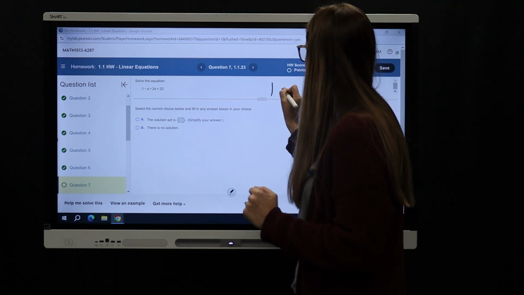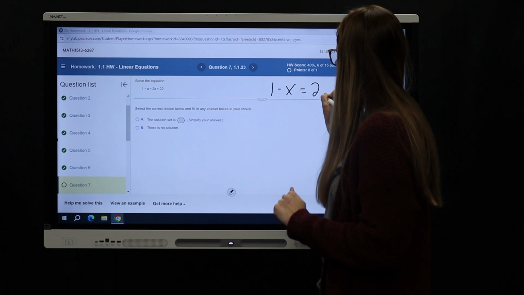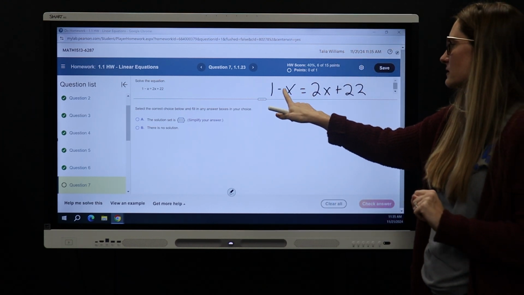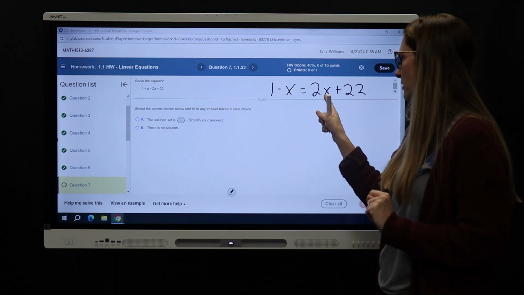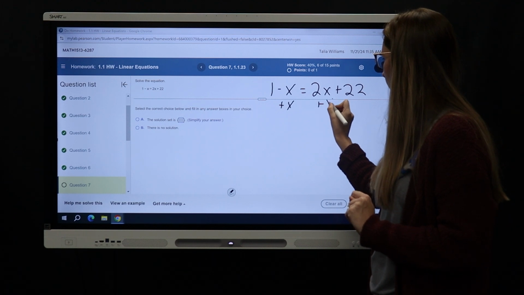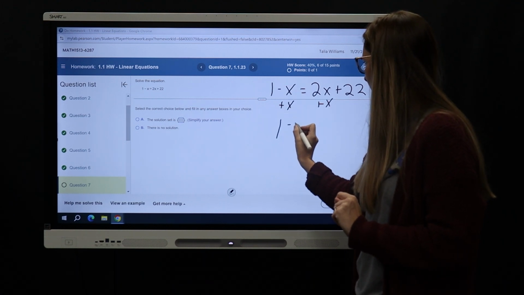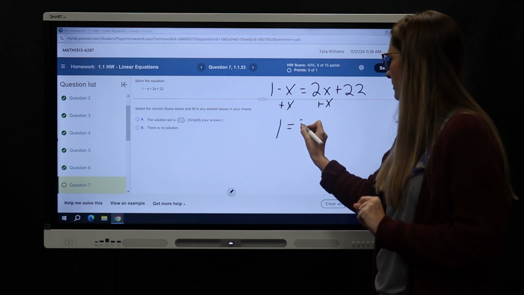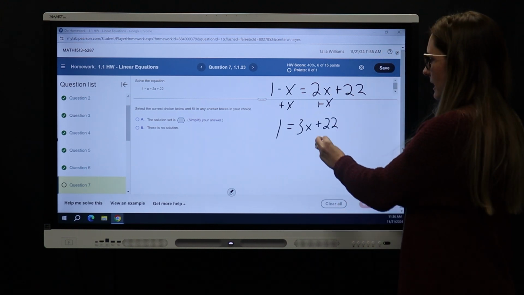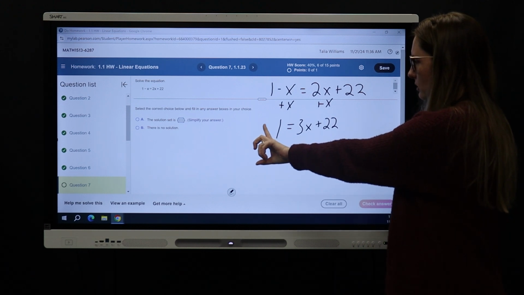Here we have 1 subtract x equals 2x plus 22. Since this is a subtract x, I'm going to move it to this positive 2x, so we're going to add x. Remember, we're adding 1. So I'm going to have 1 equals 2 plus 1 is 3x plus 22. Since my x is over here, I need to move my 22 over to the 1.